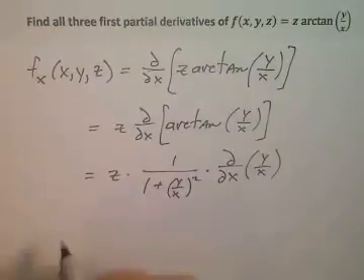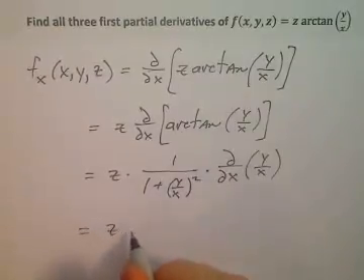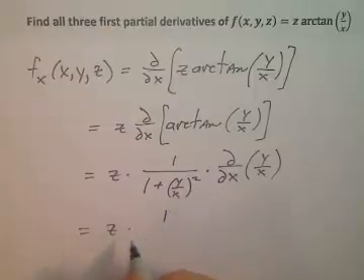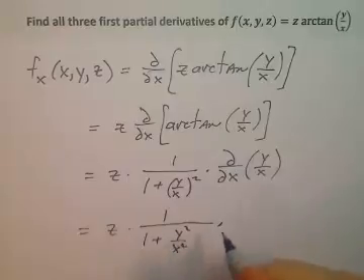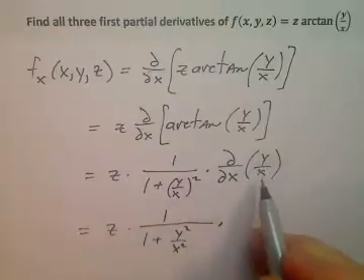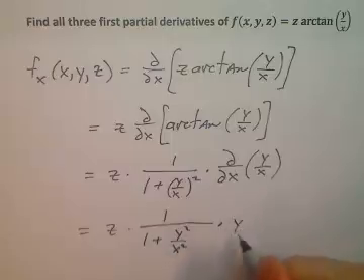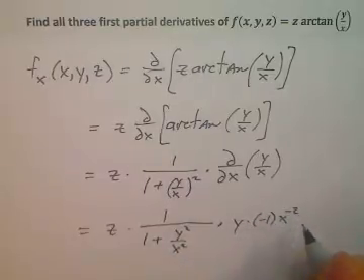Okay. Well, so this is going to be z times 1 over 1 plus y squared over x squared. And this looks like y times x to the minus 1. So we're going to have y times negative 1 x to the minus 2.